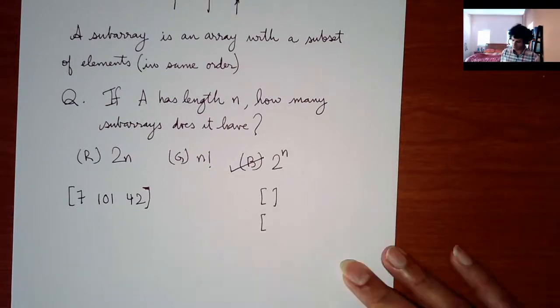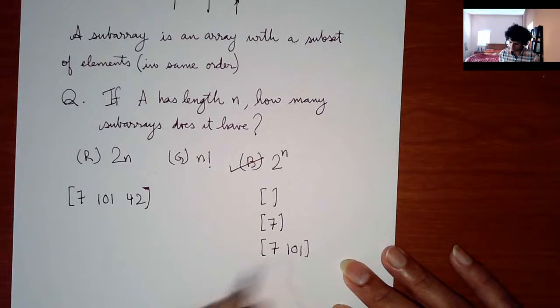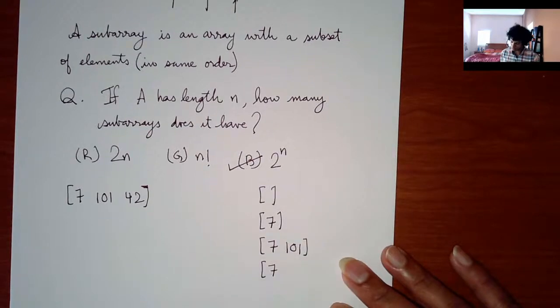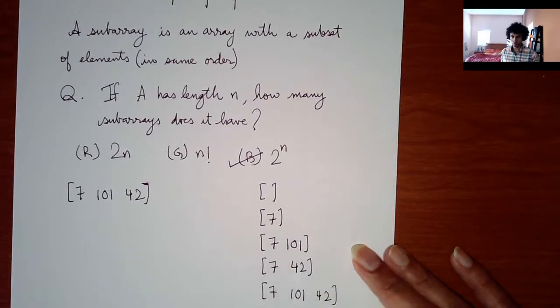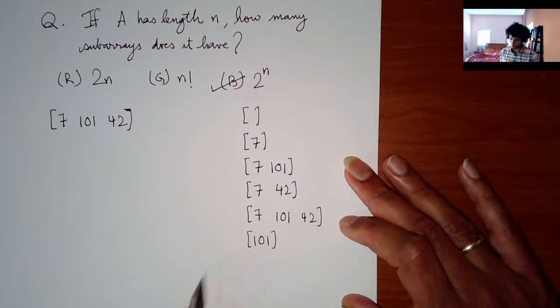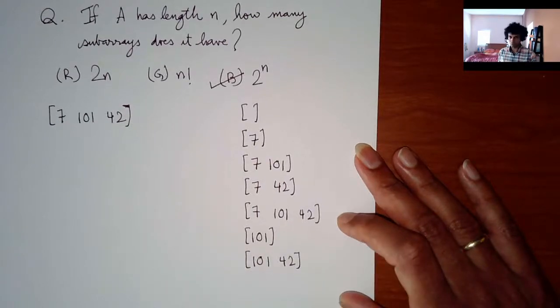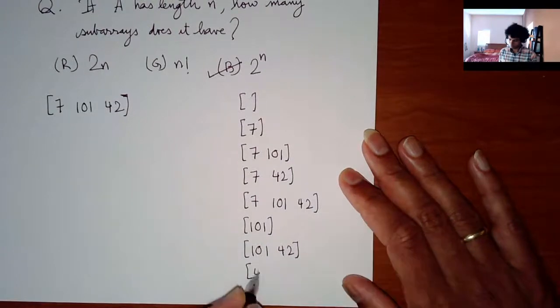I could take the empty subarray, then I take 7, 7, 101, 7, 42, 7, 101, 42, and then I have 101, 101, 42, then finally I have 42.